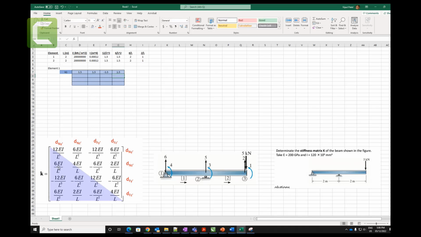That's done. 6 on L square equal to 6 on L square positive. So good. Equal to 4 on L, 4 on L. Minus 6 on L square equal to minus 6 on L square. 2 on L positive, 2 on L.